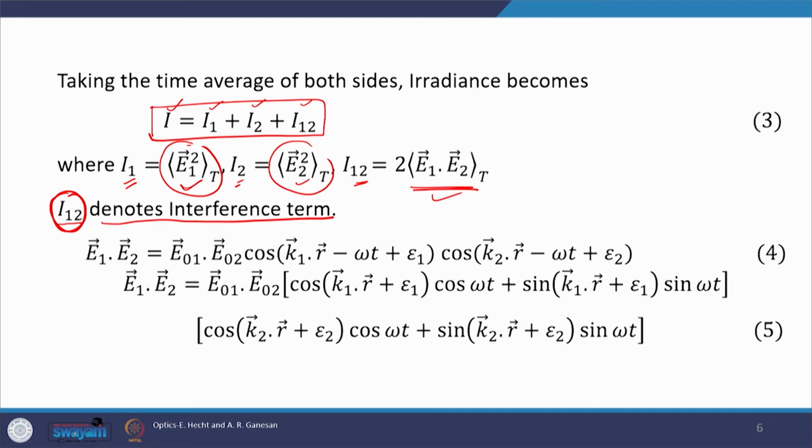To calculate the expression for I12, let us first calculate the dot product between vector E1 and vector E2. We just substituted the expressions for E1 and E2 here, and then we got this big expression. Here again the cosine function is expanded using the formula for cos(A plus B), and after this expansion we get expression 5.